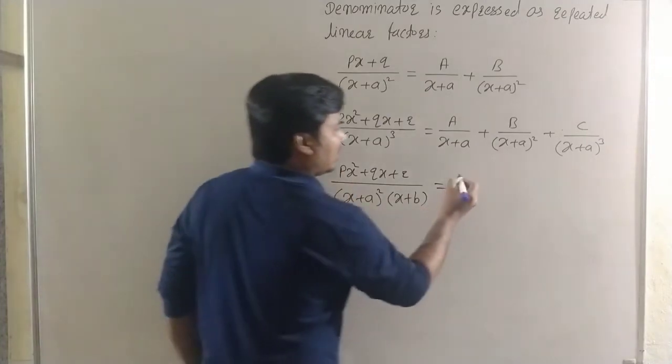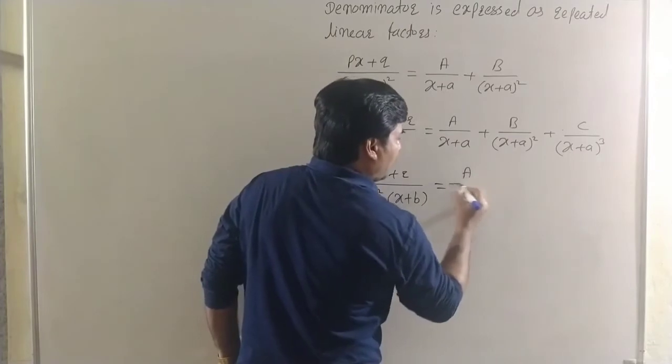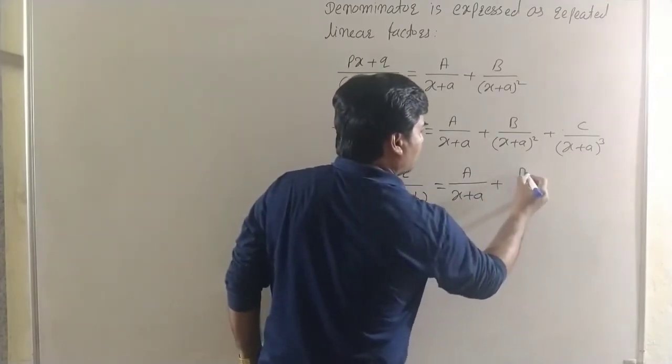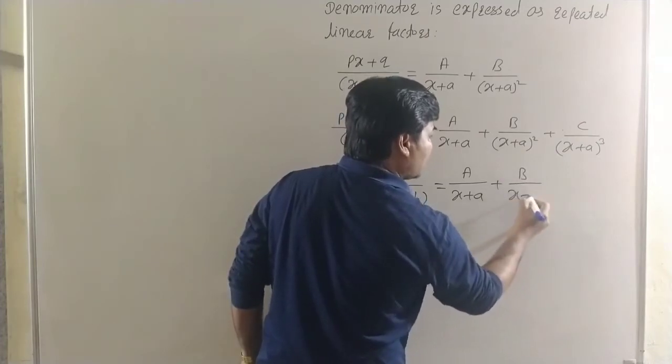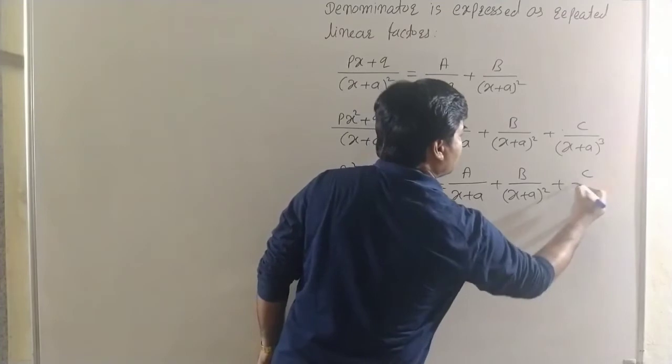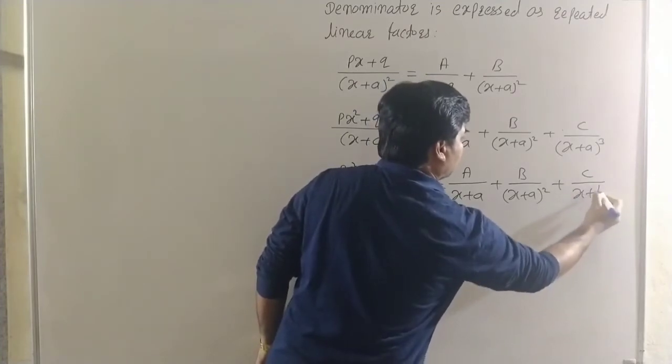So we can write A upon x plus a plus B upon x plus a square, since x plus a is repeated, and plus C upon x plus b.